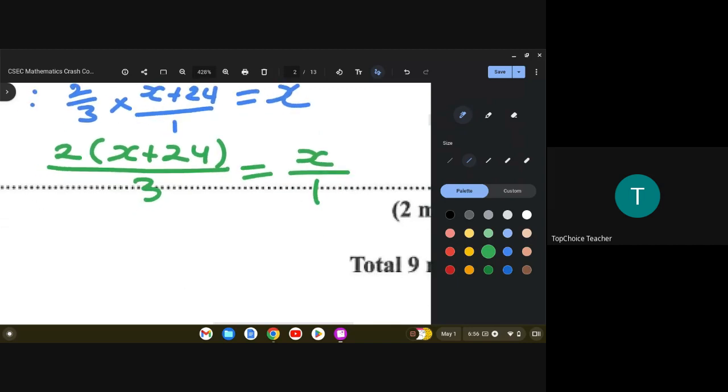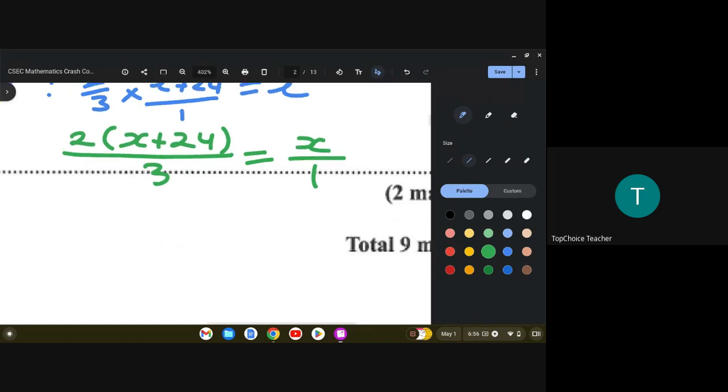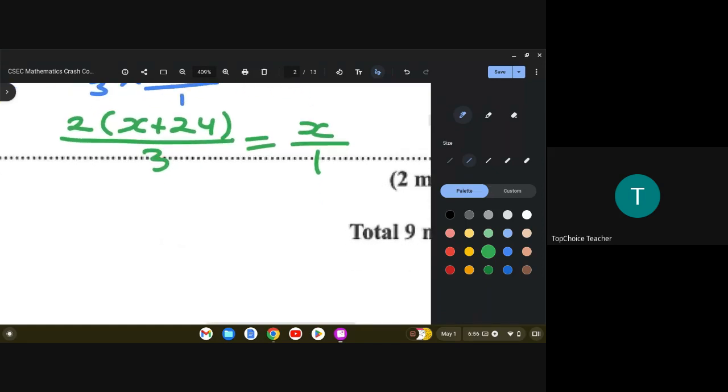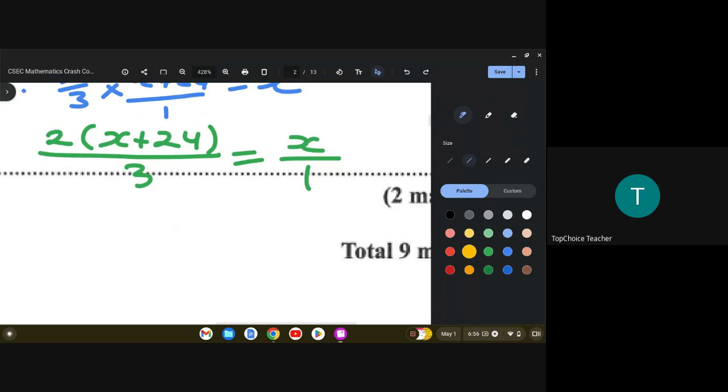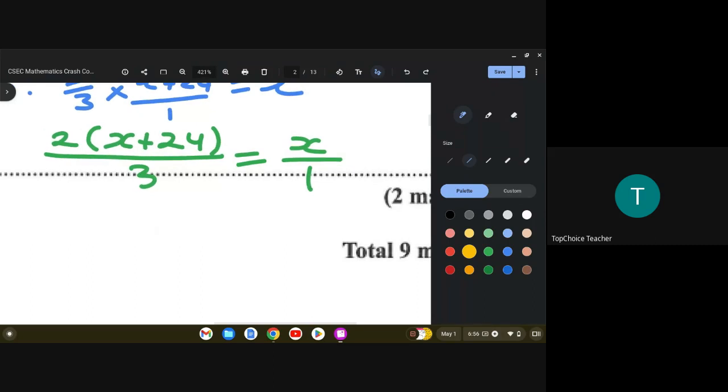This here is important. What we're doing is solving for x. This is linear equations, guys. Remember, you would have done this in school. This is a typical linear equation, but it's a little more challenging because we have a fraction involved. Once you have fractions, I'm hoping you would have learned that in order to solve this, we need to cross multiply.